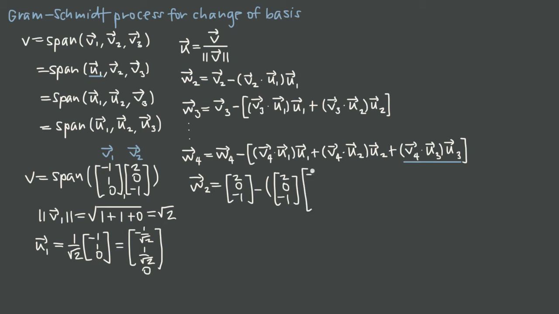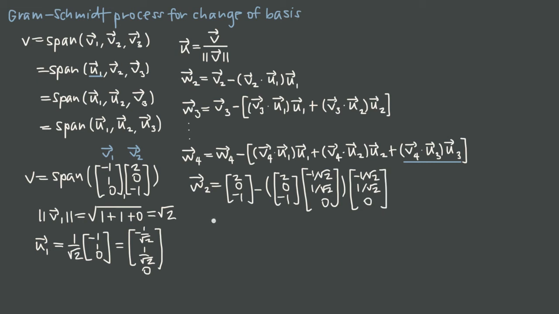So that's -1 over root 2, 1 over root 2, and 0. And then we have that multiplied by this vector u1 again. So -1 over root 2, 1 over root 2, and 0.